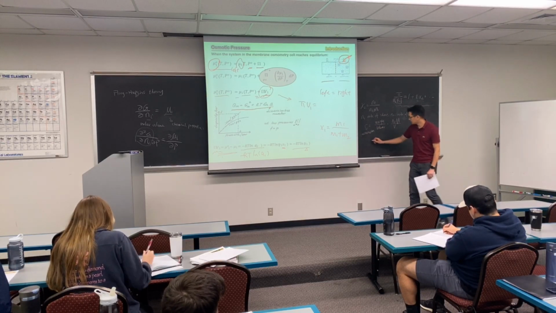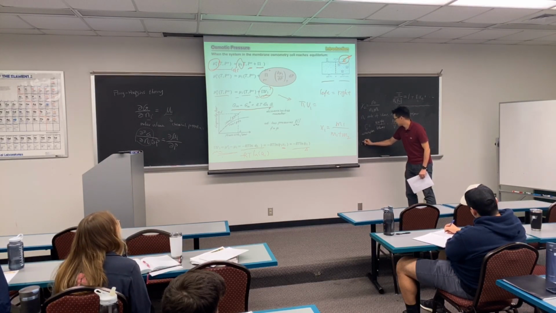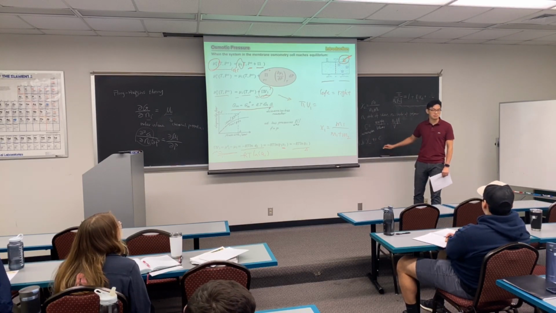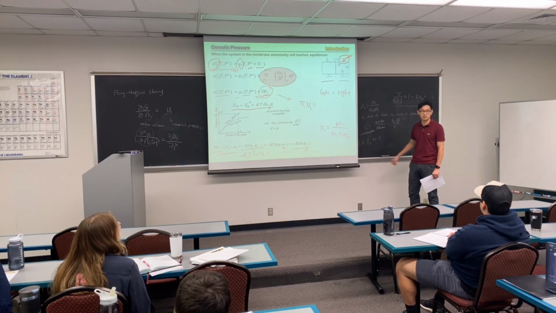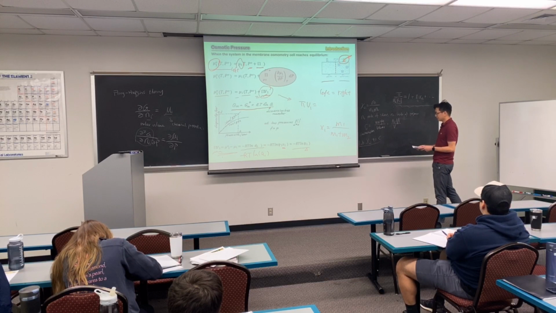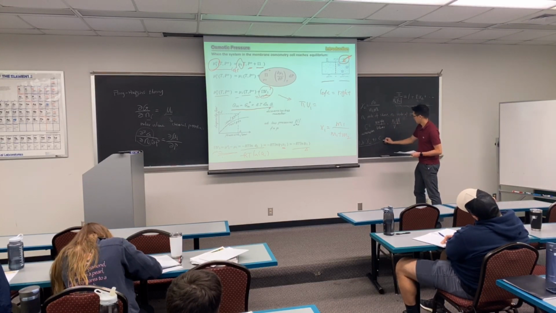Now, how do we link X2 to C? We should not write C2 because this basically means concentration for the polymer. So we come back here, X2.